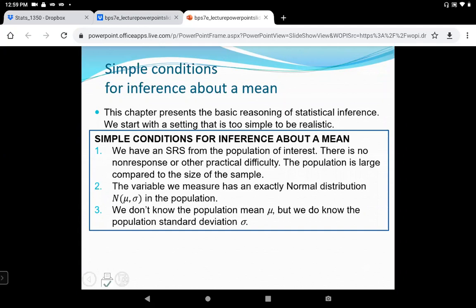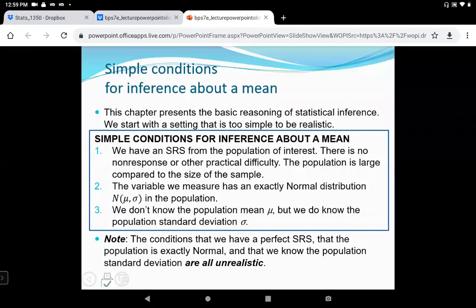So for this section, we're saying something with our sample about the population where we don't know the mean for the population, we only know the mean for our sample, but we somehow know the standard deviation for the population. Note the conditions that we have a perfect SRS, that the population is exactly normal, and that we know the population standard deviation are all unrealistic.